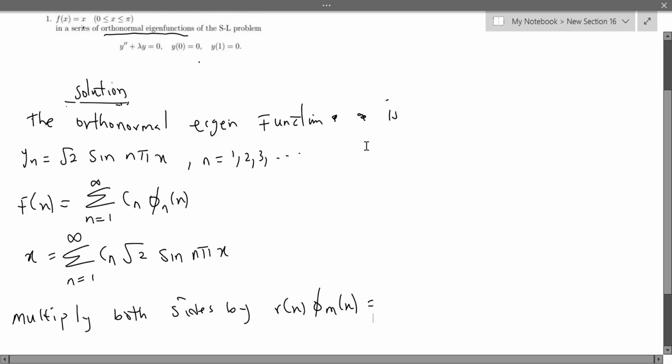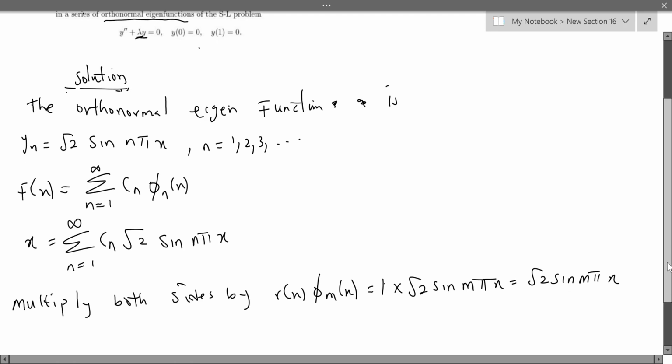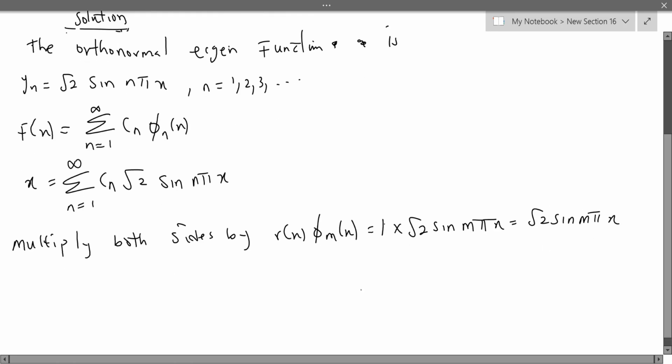What is r of x? r of x is the coefficient of lambda y, which is actually 1 here. So r of x is equal to 1, and phi of m is equal to root 2 sine m pi x. This is the function you are going to use to multiply both sides.